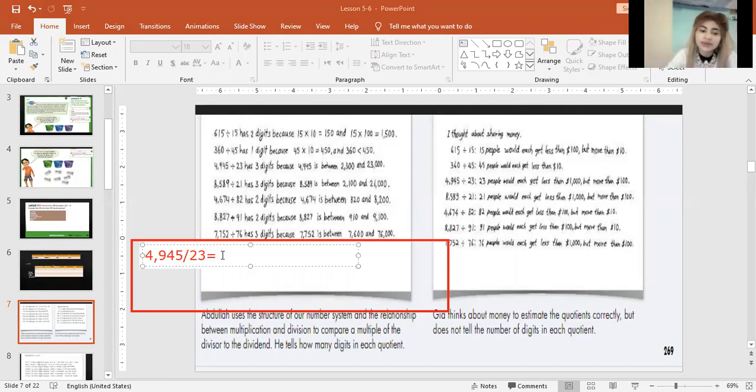So when I take the 23 and multiply it by 10 to know if the answer is hundreds or not, it will be 230.